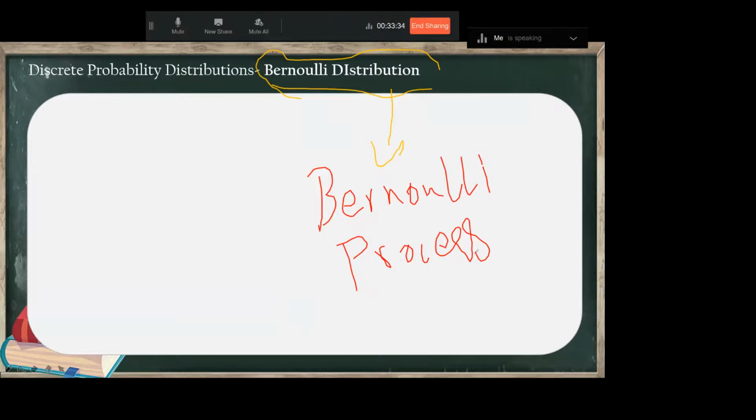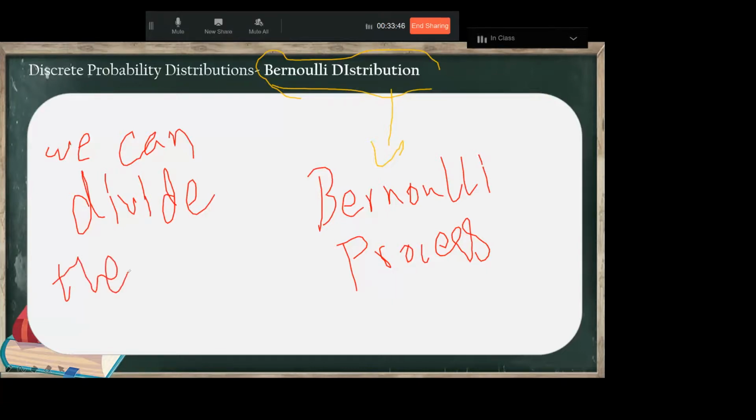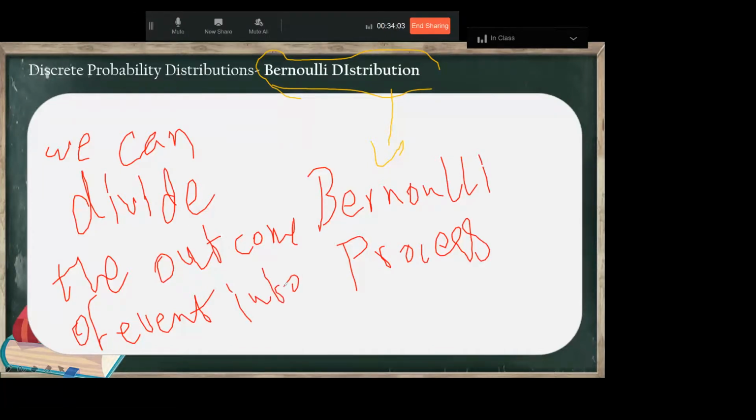So it's a process in such a way where you can divide the outcome of an event into two parts. Only two parts. Now, their probability can be different.